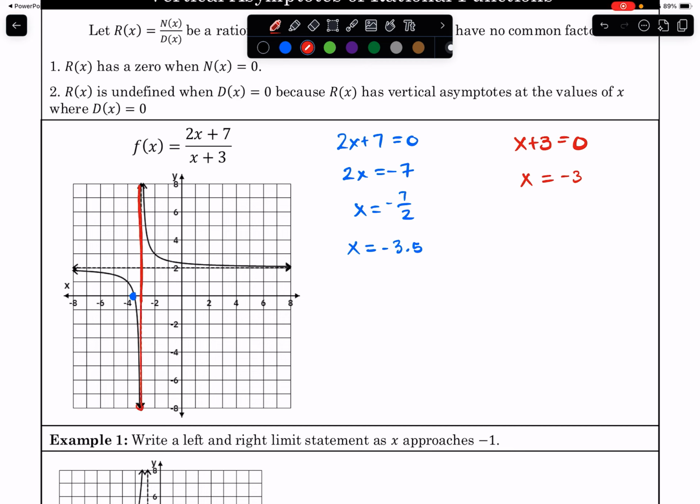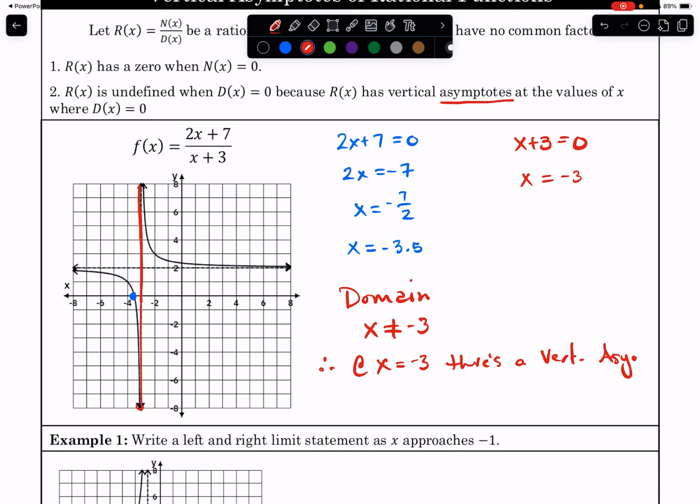So in terms of the domain, we say that x cannot equal negative 3 because at x equals negative 3, there's a vertical asymptote. An asymptote is spelled like this, but I'm just going to abbreviate asymptote ASY. So we have a vertical asymptote at that location. That's why x cannot equal that value.